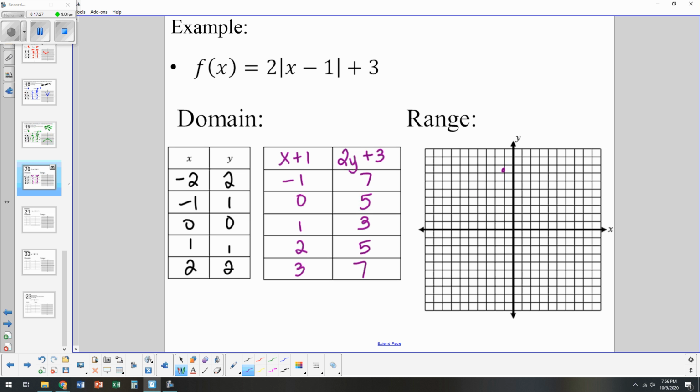So now I have negative 1, 7, 0, 5, 1, 3, 2, 5, 3, 7. So my domain was all real numbers, and my range, low point now, pointing up, so greater than or equal to, and the value of y there was 3.